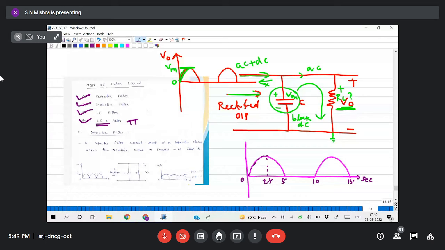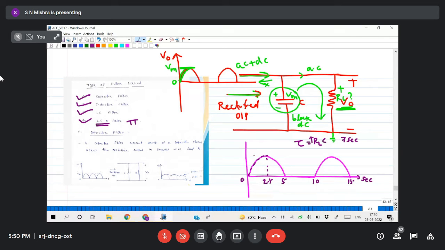Yes, sir. Now if I say this discharging time, because it is discharging through RL and RL is high, instead of 2.5 seconds it requires, let us take, 7 seconds.